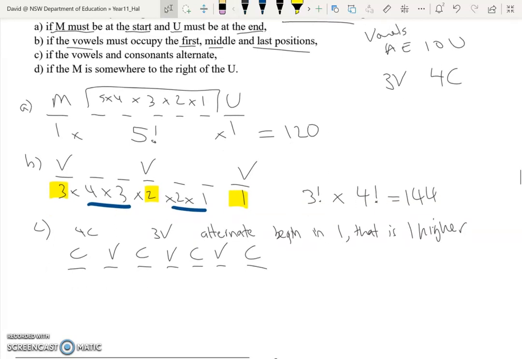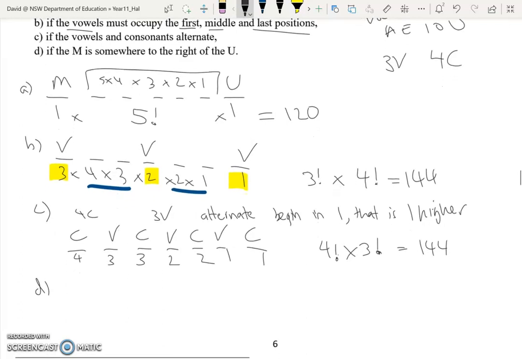Fits nicely. So there's going to be 4 ways to fill that, 3, 2, 1. And likewise for the 3 vowels, 3, 2, 1, multiply it out. You're still going to get 4 factorial times 3 factorial for this particular case. So that's 144 again.